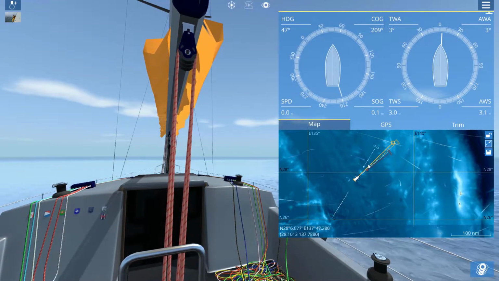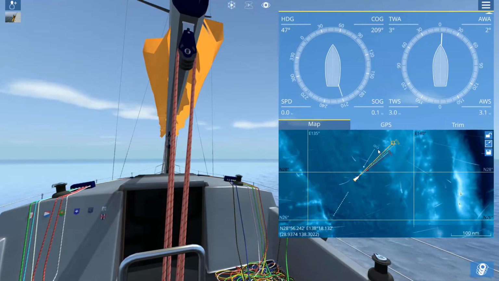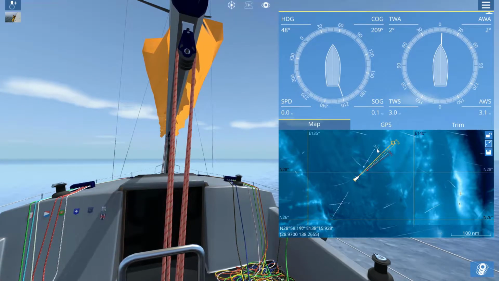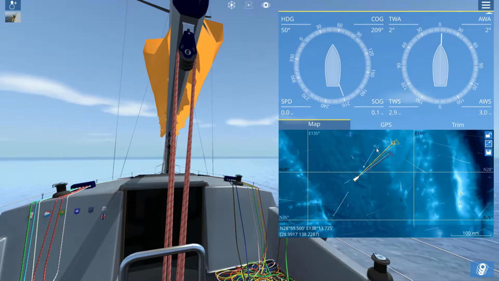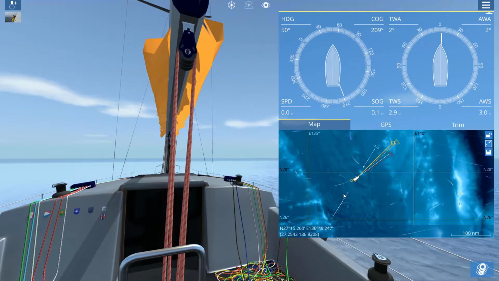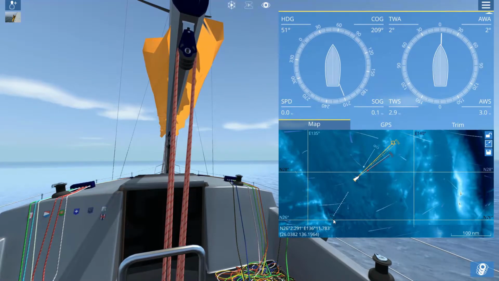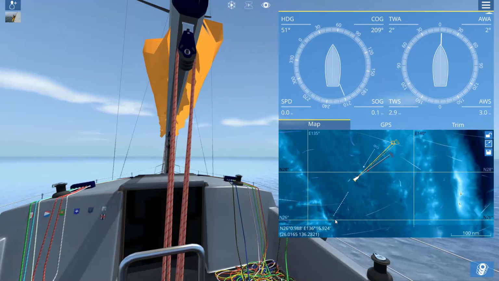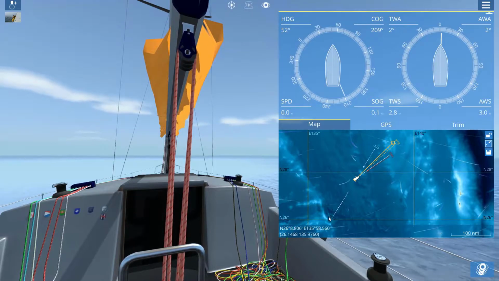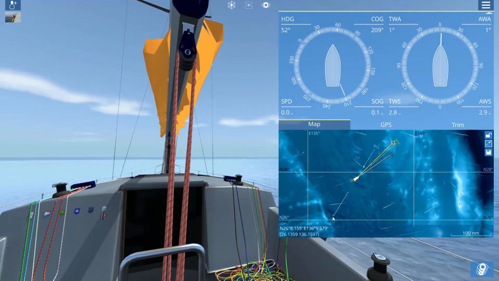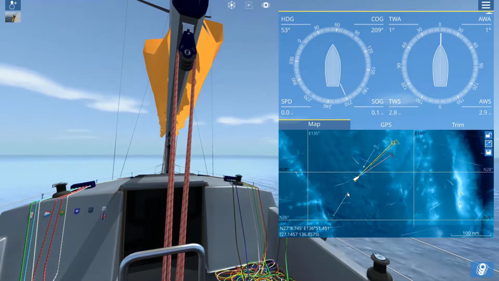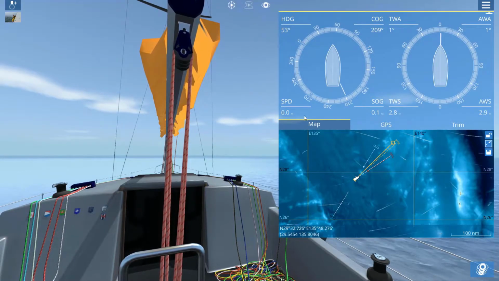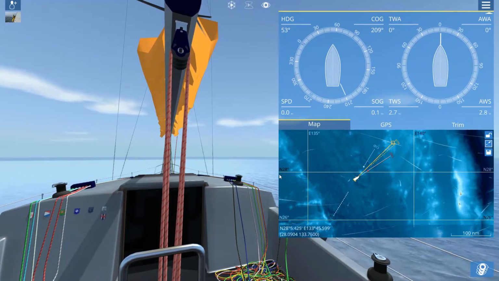Why is this? Well, it's because our current, being the action of the waves and water, is pushing back against the boat, leading to our course over ground, which is in this direction, heading south. So that's the difference there.